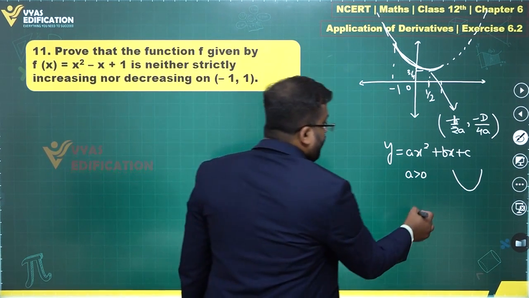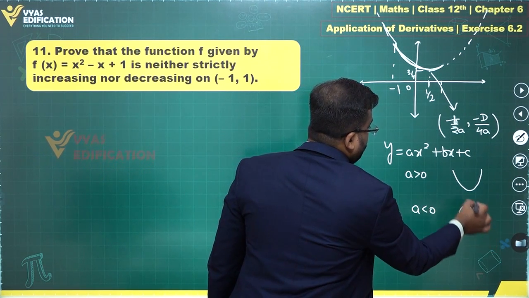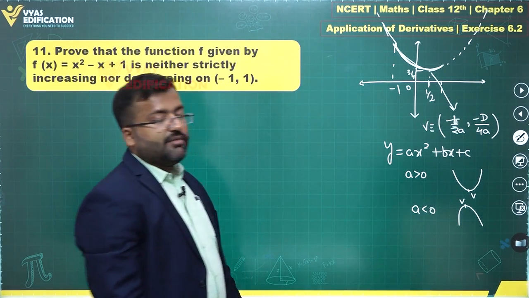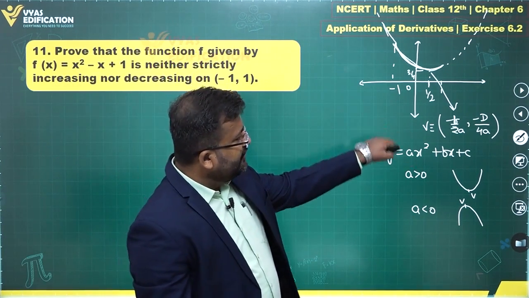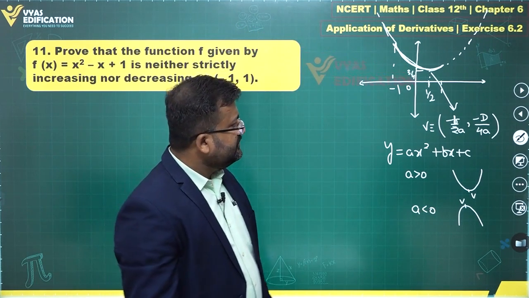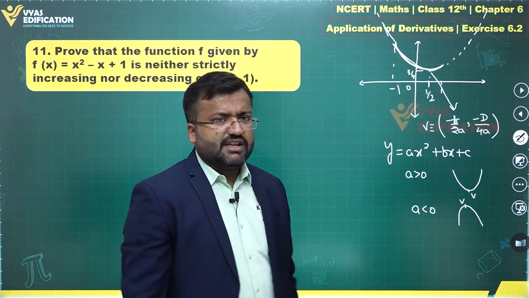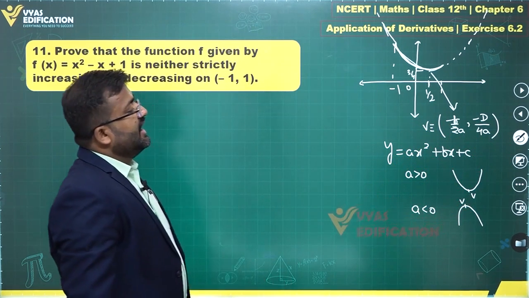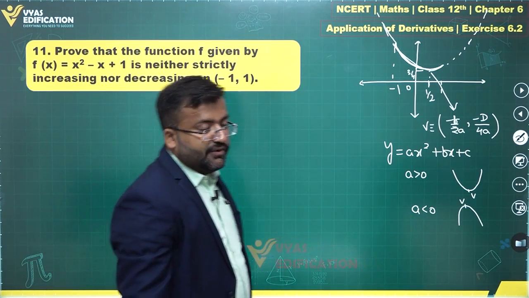For a less than 0, the graph will be downward facing, and the vertex will be exactly the same: minus b by 2a comma minus D by 4a. The values will take care of themselves. Minus b by 2a is very simple, and minus D by 4a, where D is the discriminant, that is b square minus 4ac, can be found easily, and I can comment about the graph, right?